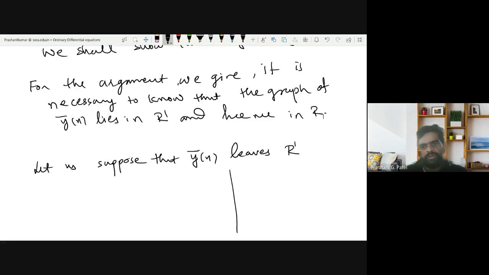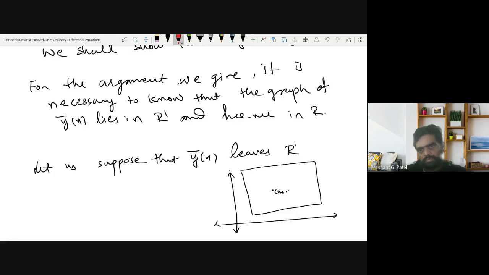Let us try to draw the graph for this. So this is your R. Inside there is a point x0, y0, and this is your R dash, inside that, another neighborhood of this x0, y0. And we have assumed that y bar leaves this R dash.